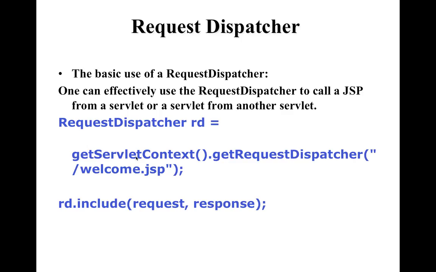It knows everything about all your servlets. And if you want to set something in a global scope, you will use a servlet context. It knows everything about all the global init parameters that you have put in your web.xml.